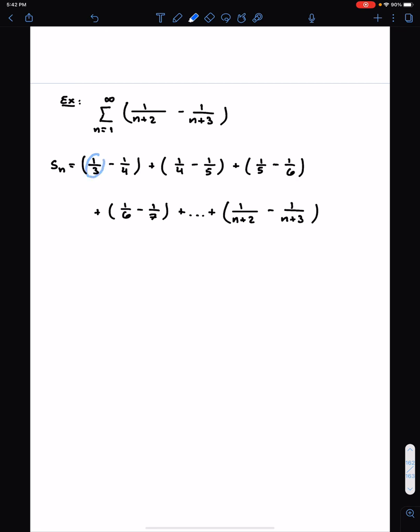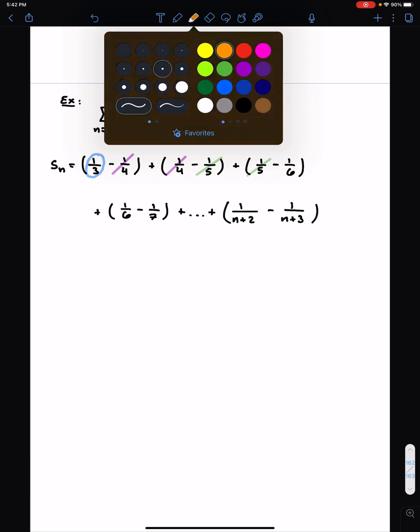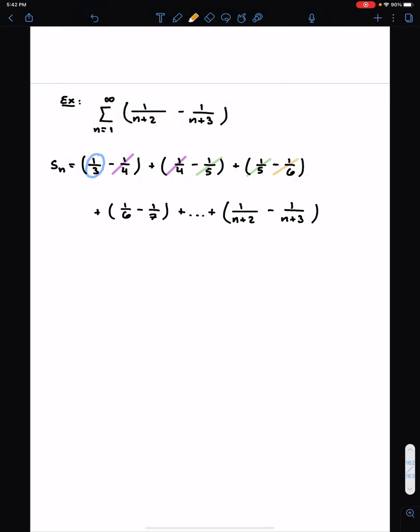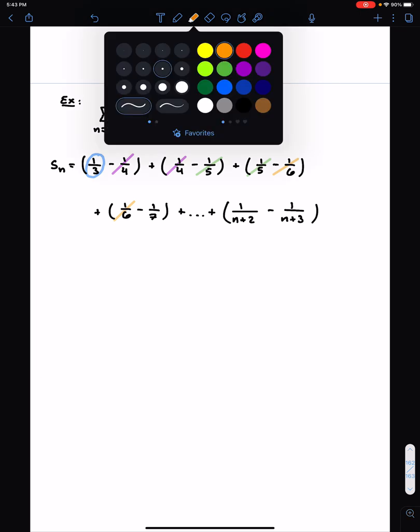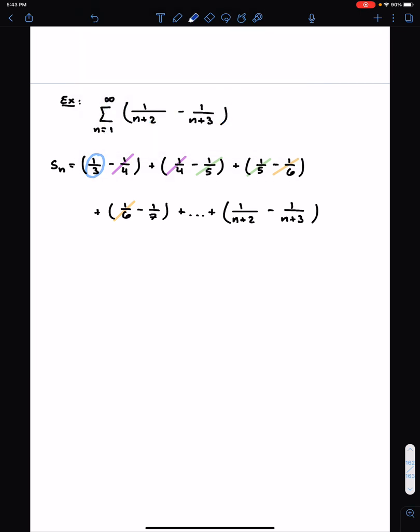So there's a 1/3 that does not cancel. The negative 1/4 plus 1/4 will cancel. The negative 1/5 plus 1/5 will cancel. The negative 1/6 plus 1/6 will cancel. This negative 1/7 will cancel with the next term.